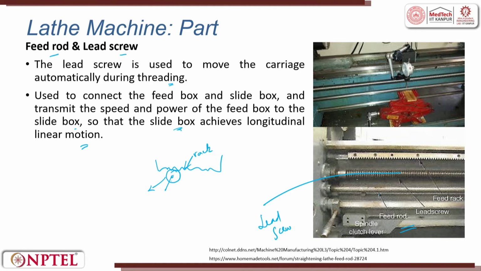When you rotate the handle, it will mesh with the rack and move forward. This is the place where the carriage is sitting and the carriage handle comes into existence. So, this is a feed rack, this is a lead screw, and this is the feed rod. The lead screw is used for threading, and the feed rod is used for automatic machining.